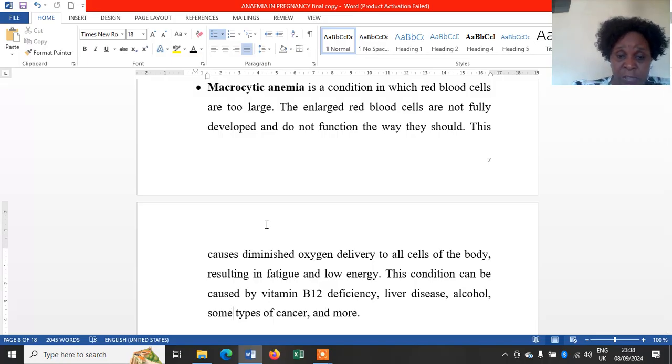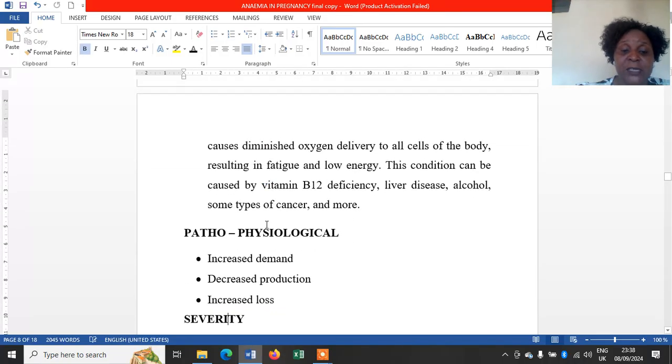This condition can be caused by vitamin B12 deficiency, liver diseases, alcohol consumption, and other cancers. So when a mother is having a condition which is depriving vitamin B12 from the body, the cells will look big. That is what we call macrocytic. And because they are too large, they may not function in their expected way.